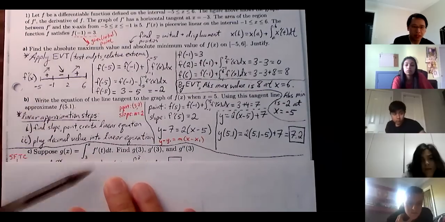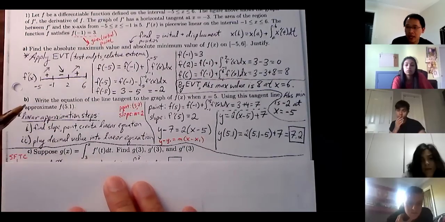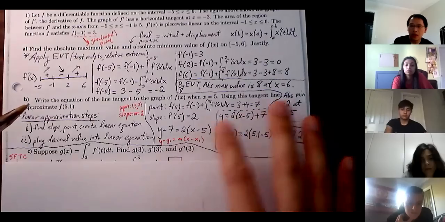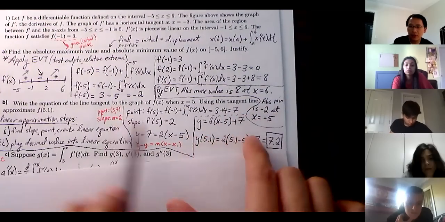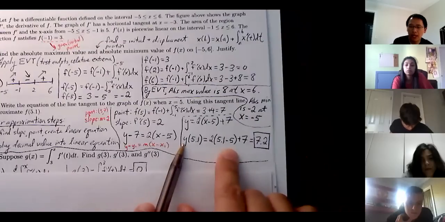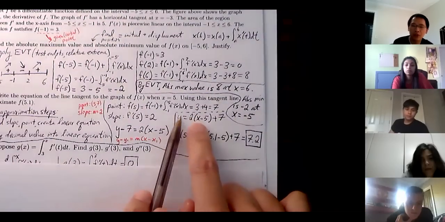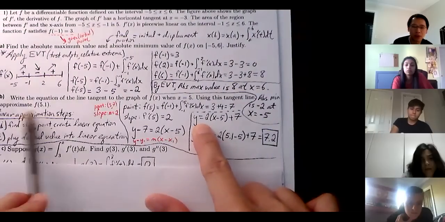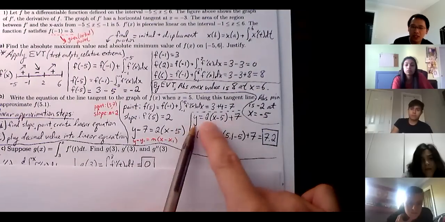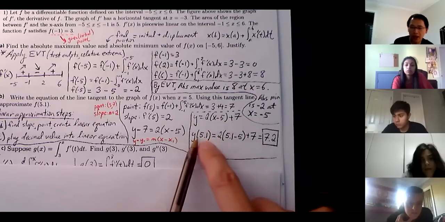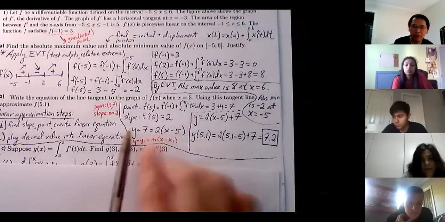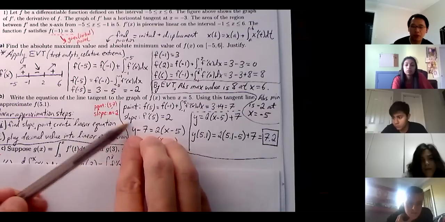Okay, now the question is, do we need to leave the equation of the tangent line in point-slope form? I would suggest point-slope form. I think for this one, because it's asking for linear approximation, we're kind of moving it away from point-slope form because we want to get y by itself. But usually, if it's just asking for a tangent line equation, this is perfectly appropriate.